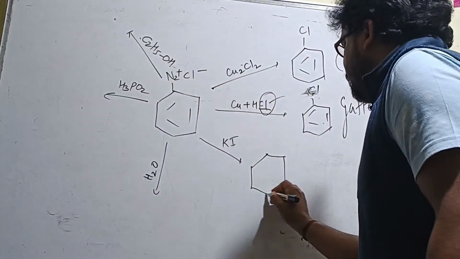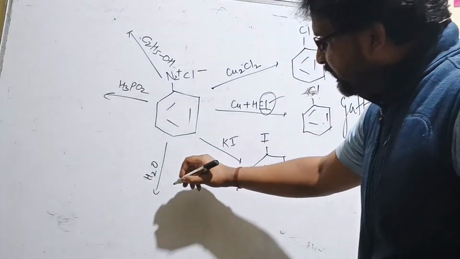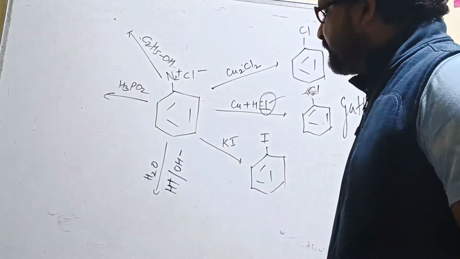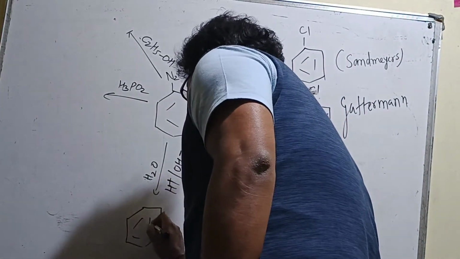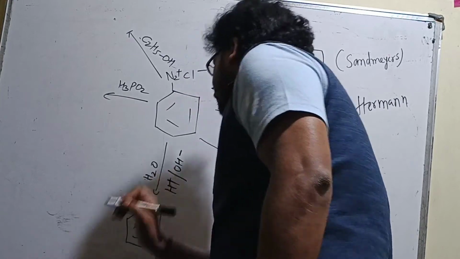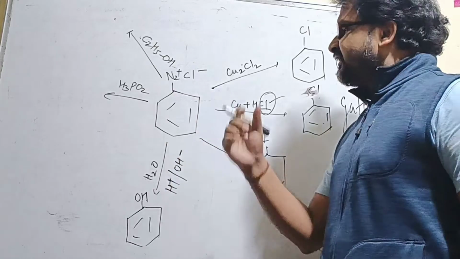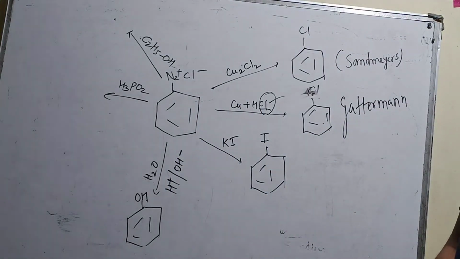This is iodobenzene. With water, you can visualize it as H plus and OH minus, and you can form phenol. So a very important compound, phenol, can be easily formed by treating the diazonium salt with water.